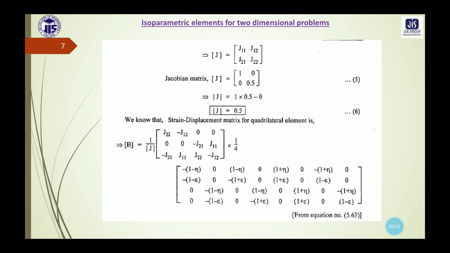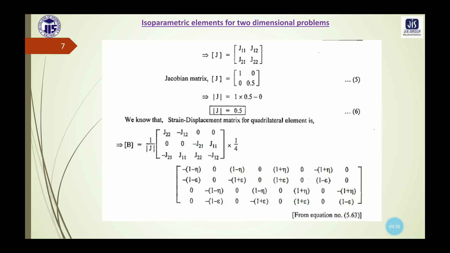Next, we need to calculate the strain displacement matrix for this quadrilateral element. Now the formula for this strain displacement matrix for the given quadrilateral element is written here.